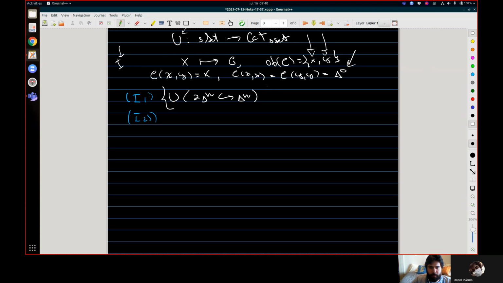And this will require that this map, where this is the empty simplicial category, is a generating cofibration, where this is the terminal simplicial category. So we have I equals I1 union I2.